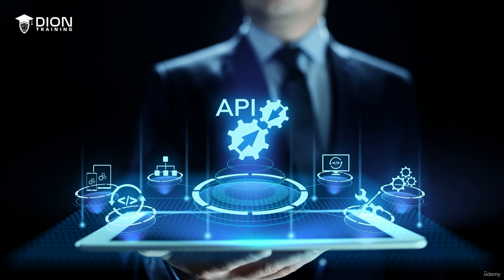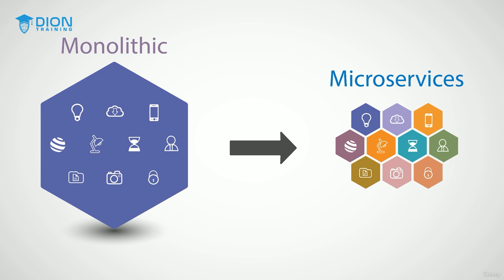By using APIs, we can integrate services together and make function calls to those services instead of having to build an entire service ourselves. With the API, we can just call on someone else's function and let their service do the work for us and return the results back to us. This is the whole idea of creating a microservice or service-oriented architecture instead of building a monolithic web application.